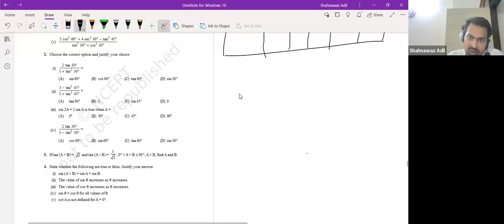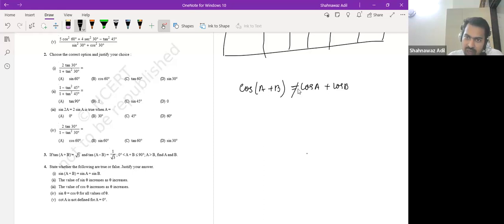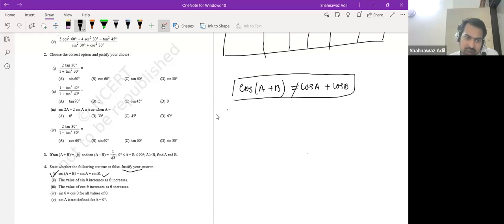In the homework problem we saw that cos of a plus b cannot be cos a plus cos b. We just proved this a moment ago. So this is a similar question: sine of a plus b cannot be sine a plus sine b. To justify your answer, you can take a equal to 60 and b equal to 30. Just follow that path.